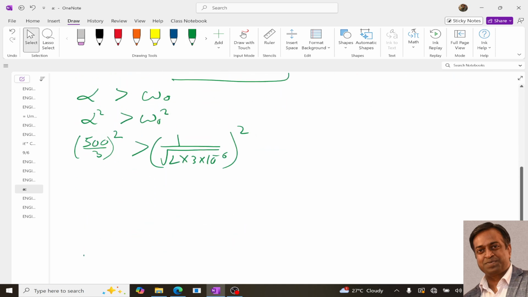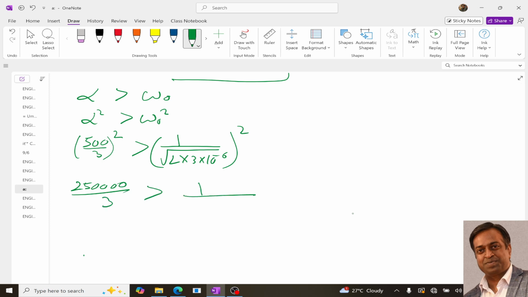So solving this, we get greater than 1 upon L into 3 into 10 power minus 6. So rearranging all this, L can be taken over here on the left hand side.